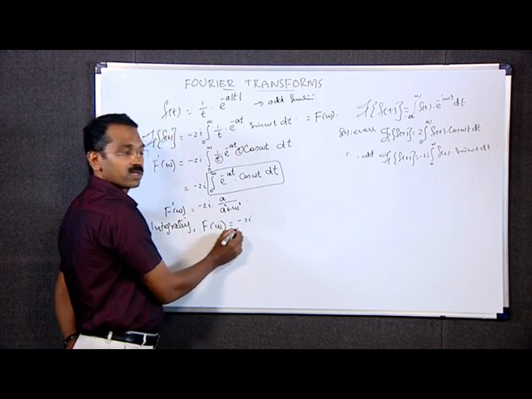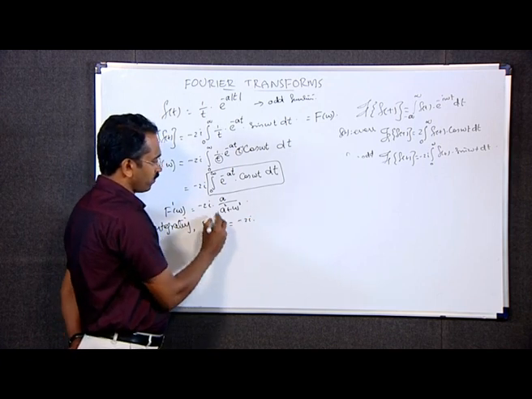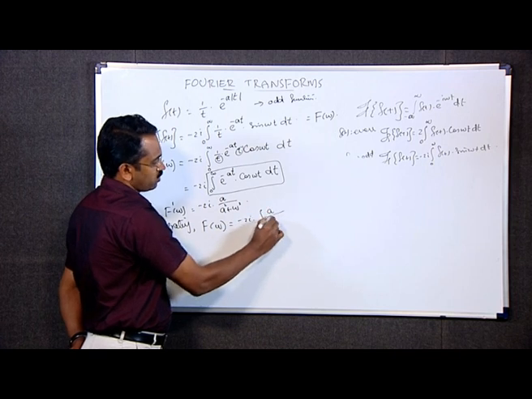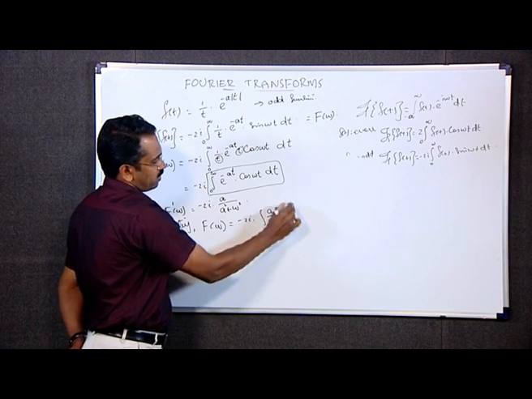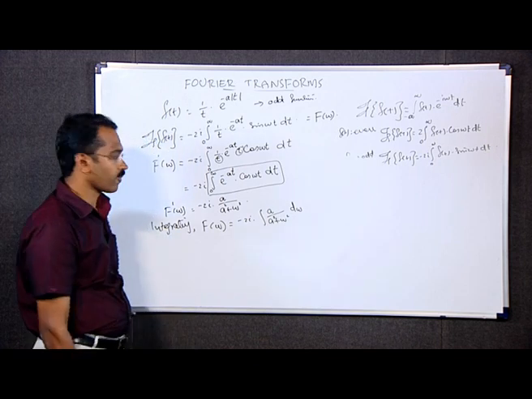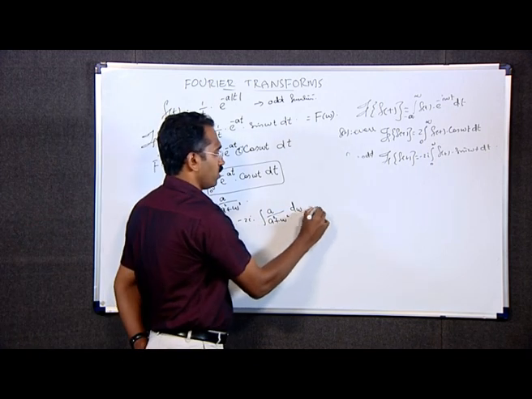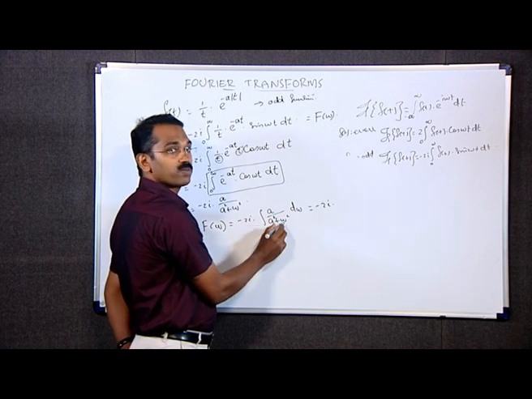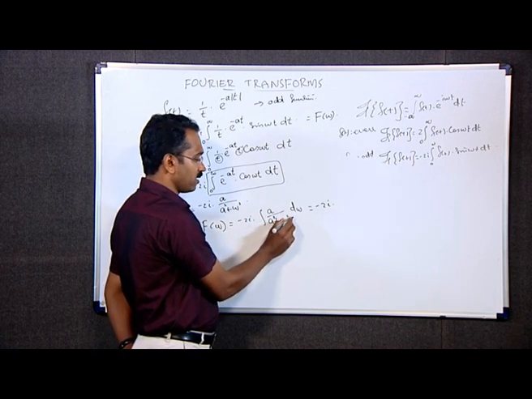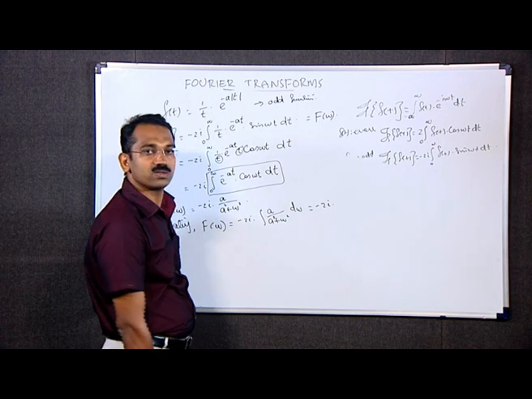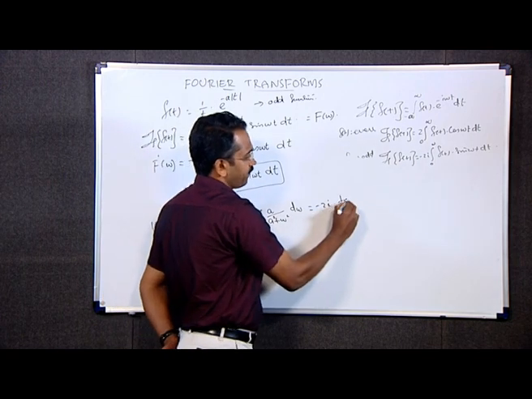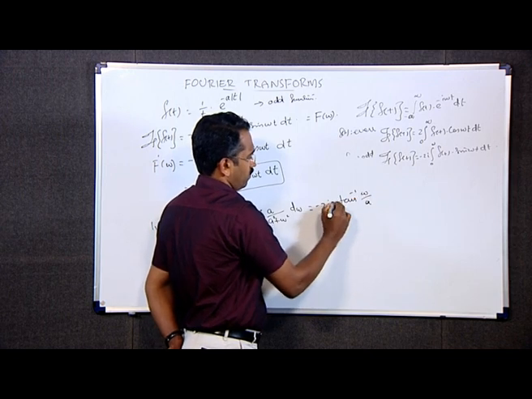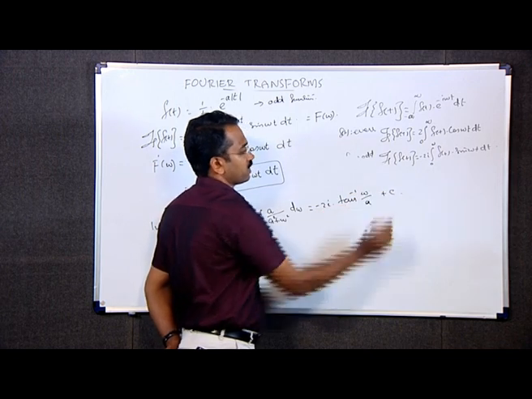Therefore, f of omega equal to minus 2i into integral a by a square plus omega square d omega, that is equal to minus 2i into tan inverse omega by a plus constant of integration.